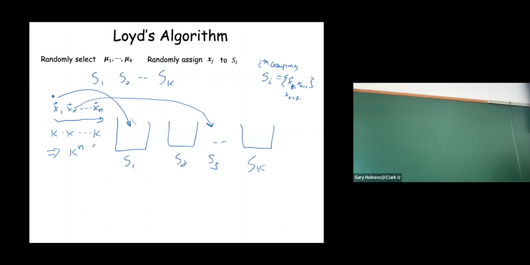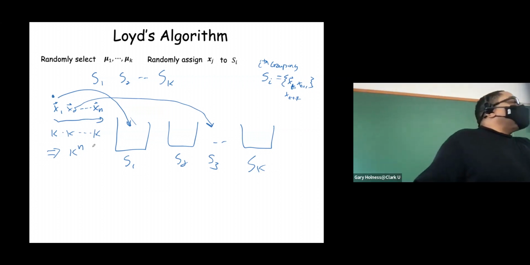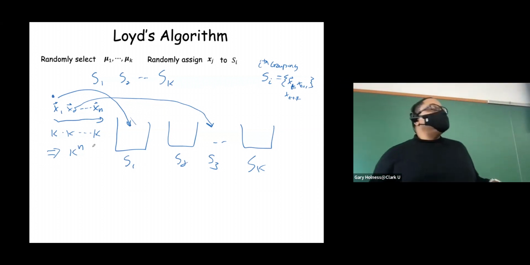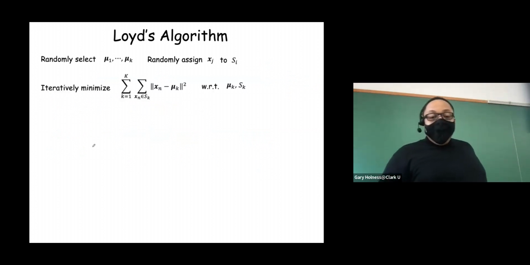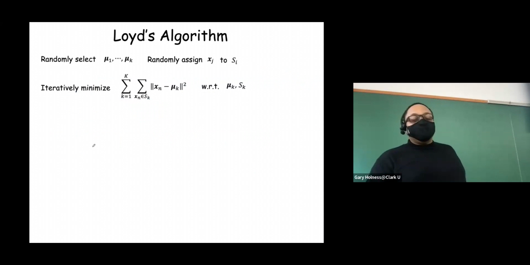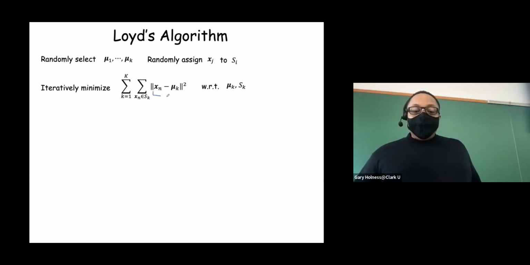If n was 1,000,000 points and K, the clustering, was 2, that would be 2 to the million power, right? So that doesn't scale well. We have to find some way to do good enough in our fix-up of this. So we're going to minimize the following expression. And what this following expression looks at is it has the square of the Euclidean distance between each point in a cluster and the center of that cluster.